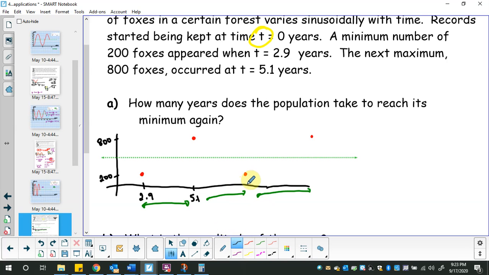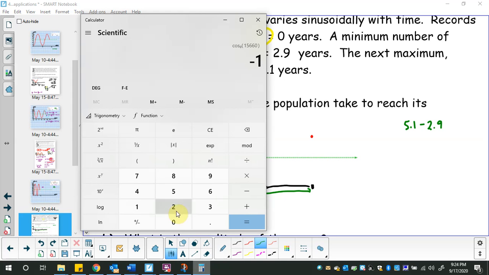So I should be able to put a label here, and here. Off to the side, I'm going to do 5.1 subtract 2.9. I've got my calculator open in case I can't do that in my head. 5.1 subtract 2.9 is equal to 2.2.